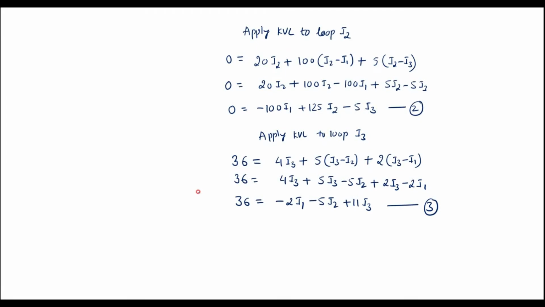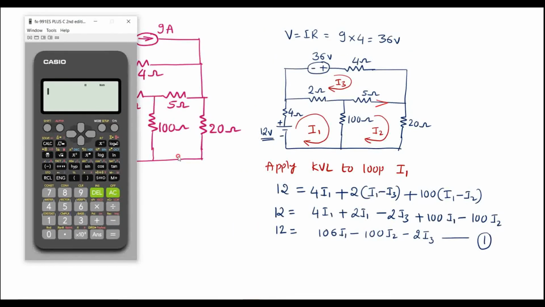Now we are supposed to solve equations 1, 2 and 3. To solve these three equations, go to the mode, choose equation mode. In equation mode choose option 2 for three equations. Here we have to feed the values. The first row is with respect to the first equation. Here we feed the coefficients of I1, I2, I3 and the constant 12.